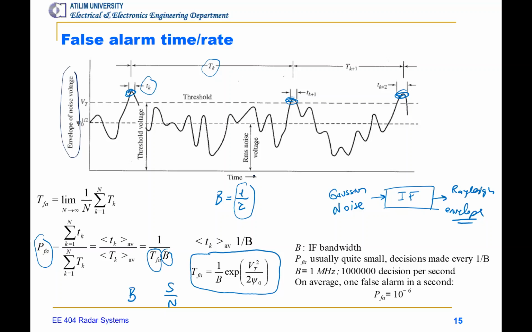Remember that pulse duration is very, very small, on the order of microseconds. So one false alarm out of every 1 million decisions means that with a 1 microsecond pulse duration, one false alarm in every second. Small for us, but that's big for a radar system. One false alarm every second cannot be accepted, maybe. So we usually reduce this number as much as we can.